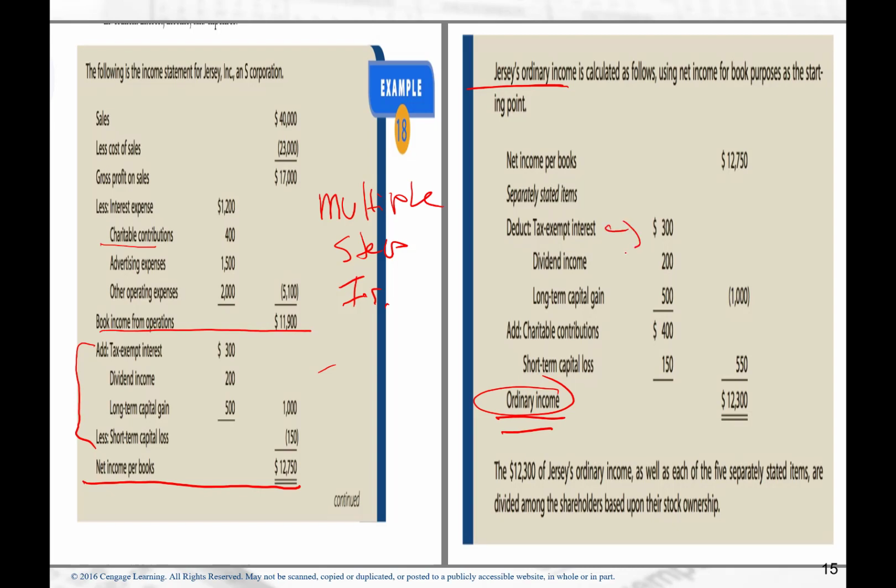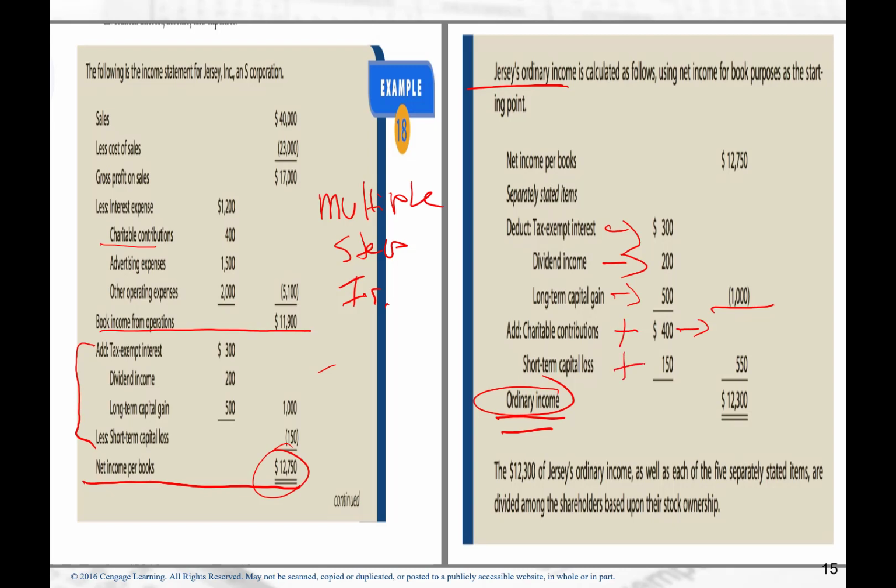So there's the tax-exempt interest, we add that back. The dividend income, we add that back to our net income. The long-term capital gain, not add it back, but we take those out because those are separable items, right? So we're taking them off of our book net income. And then we add back the charitable contribution because we subtracted that off in calculating our book net income. We put back what?